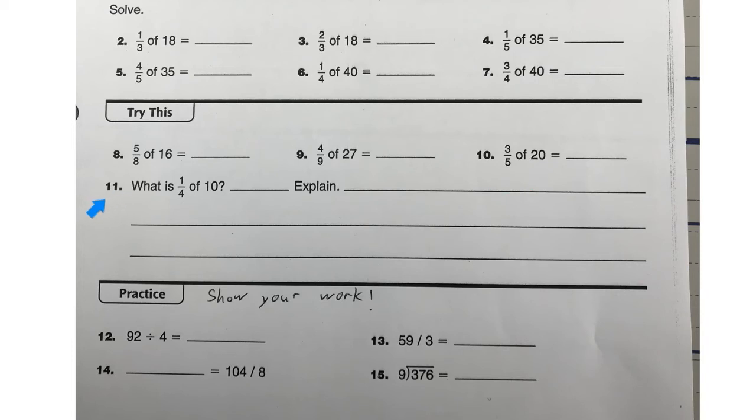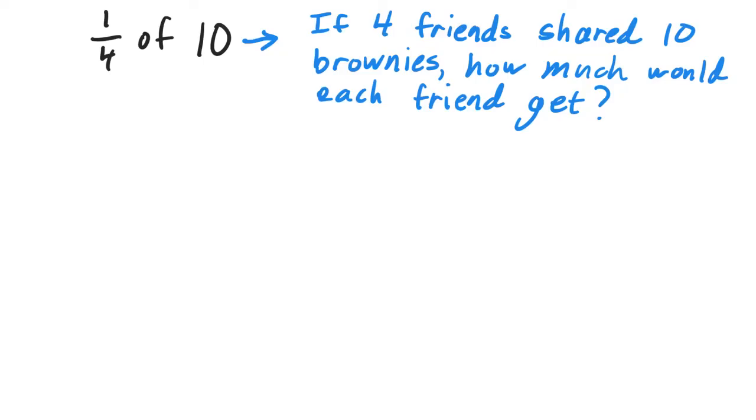And now 11, I'm going to give you some hints here. What is 1/4 of 10? And you'll notice if you try to do that, you can't put 10 into equal groups with 4 groups. So let me rephrase this. So we're basically saying 1/4 of 10 is another way of saying, so let's say 4 friends are sharing 10 brownies.